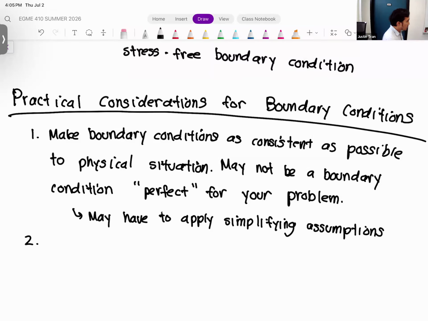All right. When you're given a choice about where or how you want to apply the boundary conditions, you usually want to apply them over as wide an area as possible while still following number one.